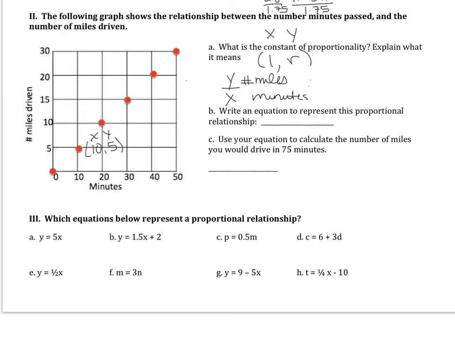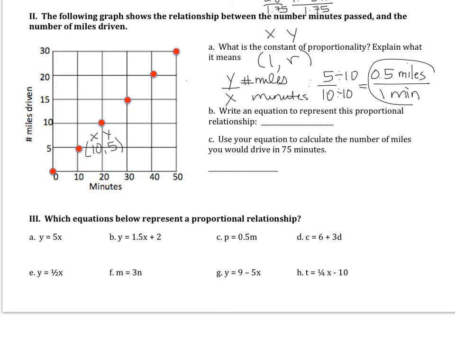Now time for plugging in the numbers. My y value in this ordered pair I chose was 5. My x value was 10. Divide numerator and denominator by my denominator to get my unit rate. 5 divided by 10 is 1/2 mile per 1 minute.